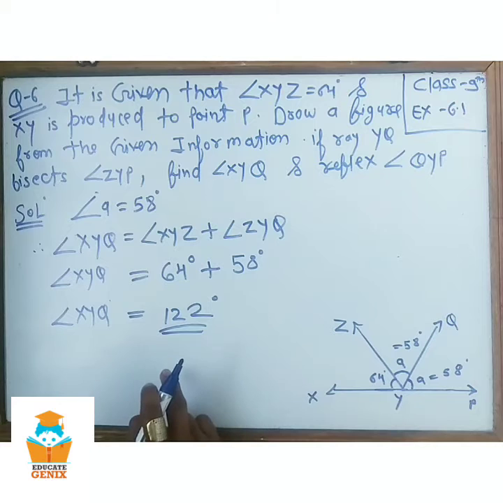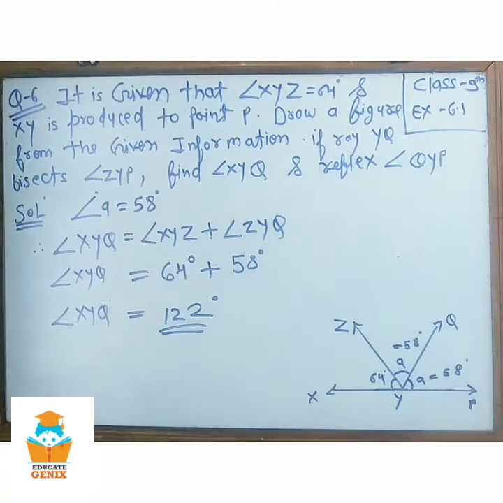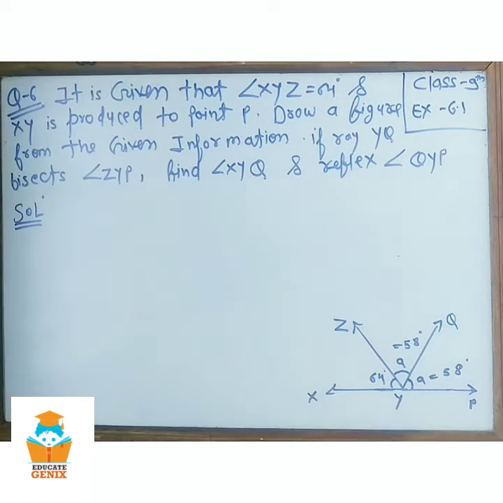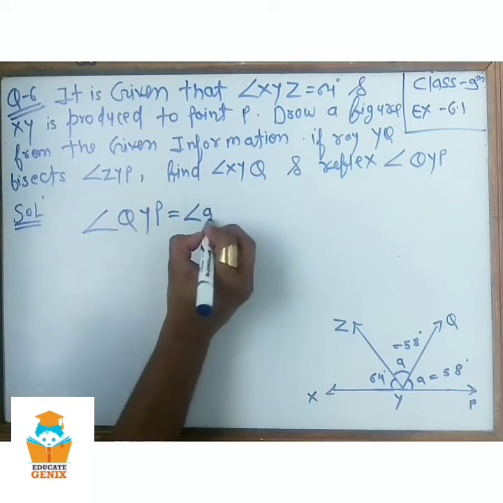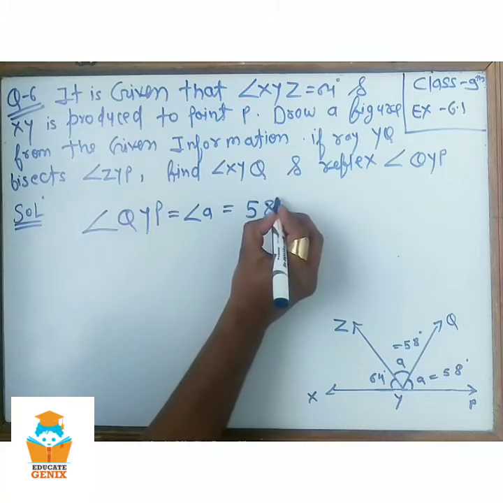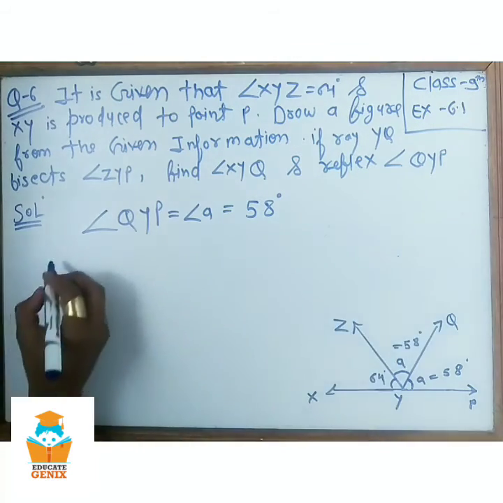I hope this much you got. On the next page we are going to find our reflex angle QYP. So let's see what is QYP. As we already found, angle QYP, which is angle A, equals 58 degrees. But what we have to find? Reflex angle QYP.